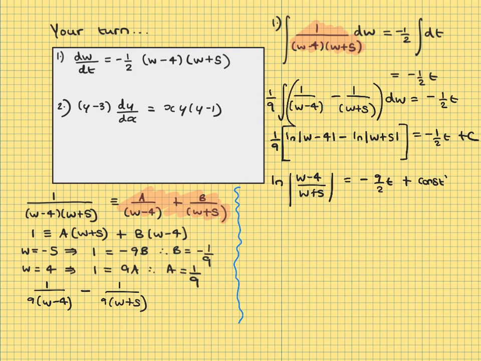So e to the power of both sides gives me (w minus 4) over (w plus 5) equals e to the negative 9 over 2 t plus constant, and of course we might want to write this as a e to the negative 9 over 2 t, again using the techniques that we've seen in previous lessons about how we split up the e function.